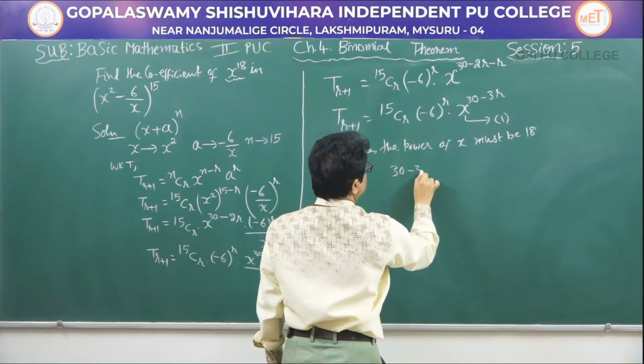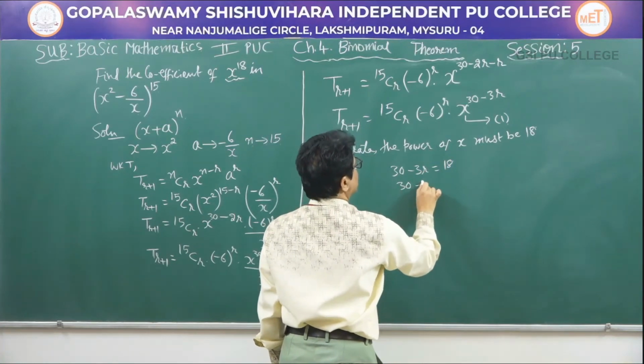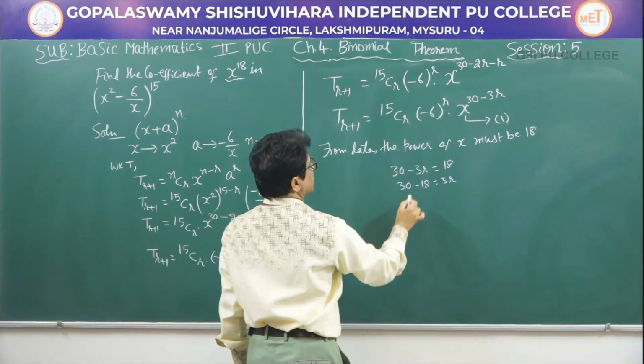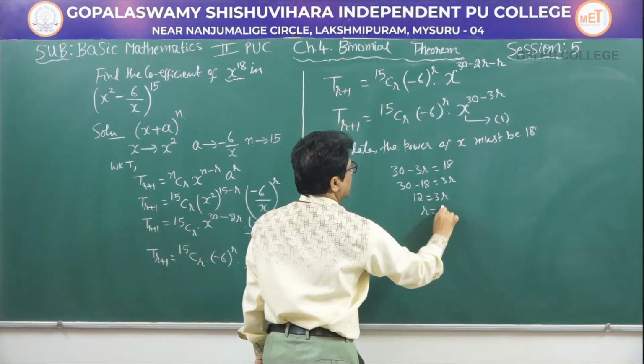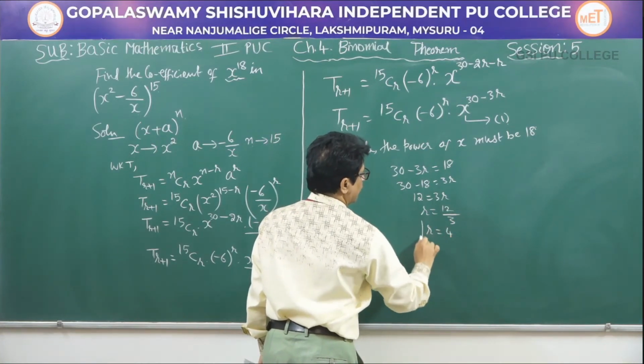So 30 minus 3r should be equal to 18. So 30 minus 18 will be equal to 3r. So 30 minus 18 is 12 is equal to 3r and r will be equal to 12 by 3. That is, r will be equal to 4.